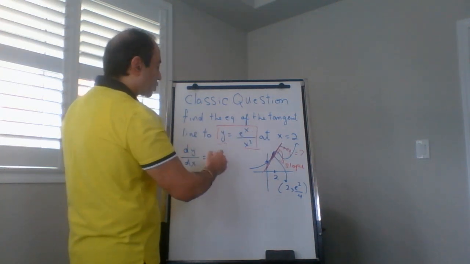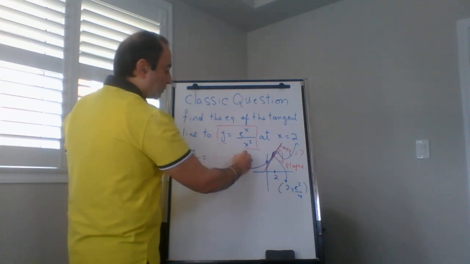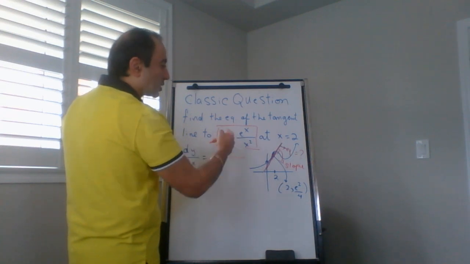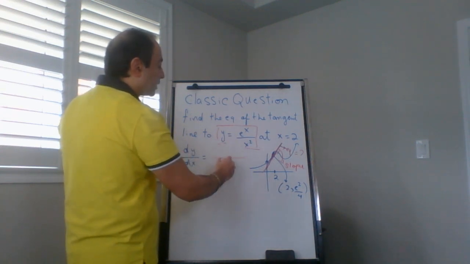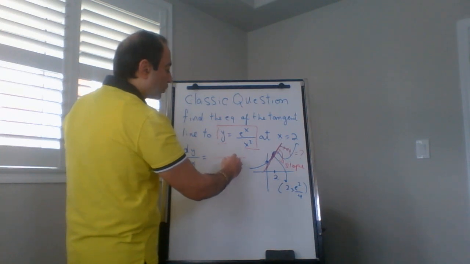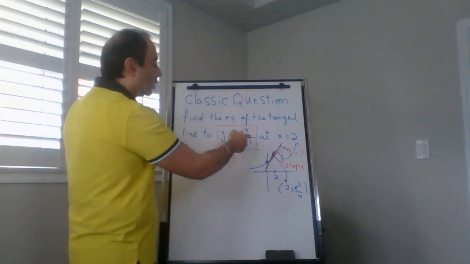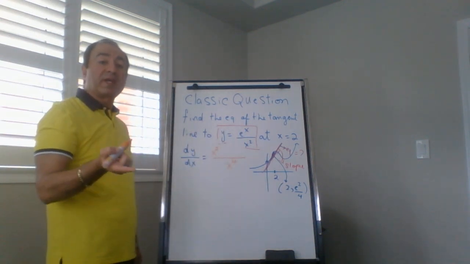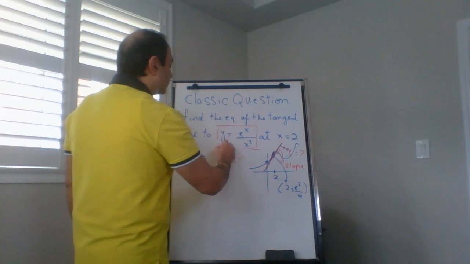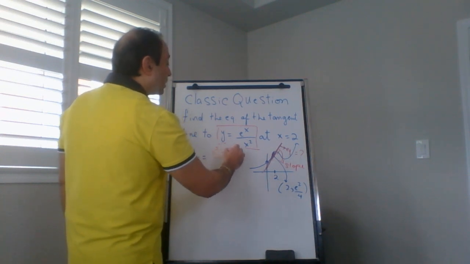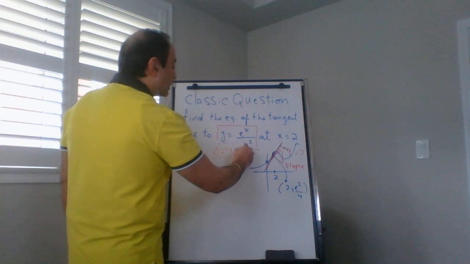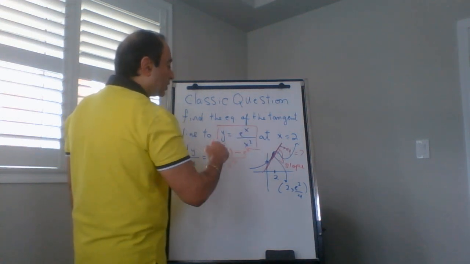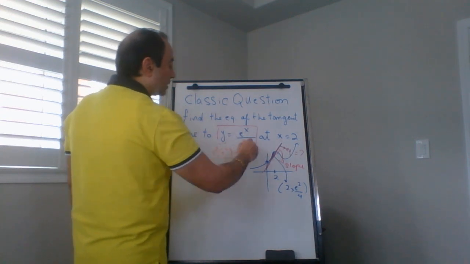I will do quotient rule, and feel free to do either. Using quotient rule, low squared, so x squared squared, that's to the power of 4. Low d high, so x squared times the derivative of e to the power of x, which we said yesterday is e to the power of x, minus high d low. High is e to the power of x, and the derivative of the denominator is 2x.